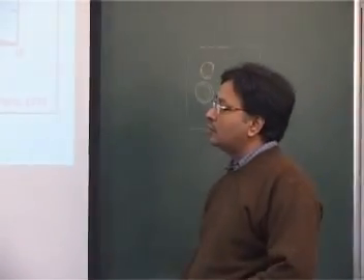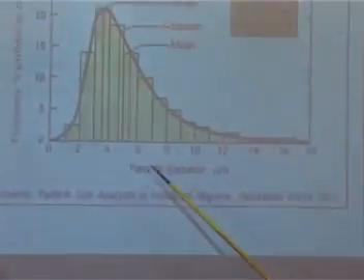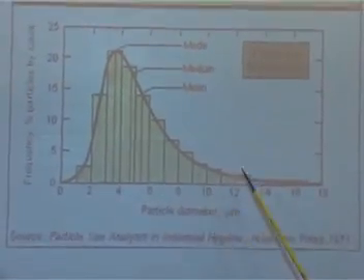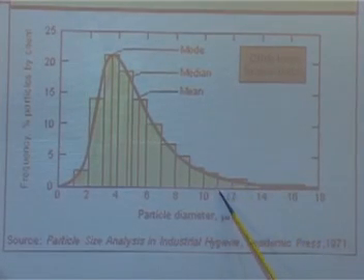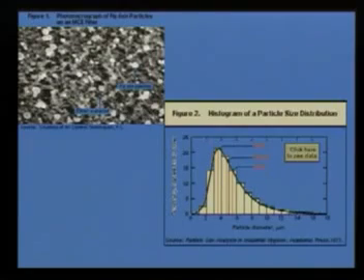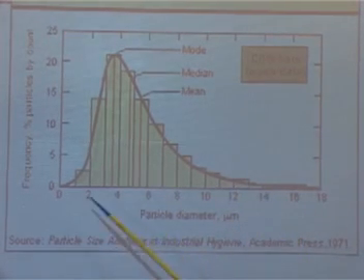But the other way to show the data is this. Sometimes the interest may be in the larger particles, and you want to say how much quantity of larger particles there is, because you have to design an equipment sometimes for a specific particle size. Maybe you want to just remove these particles. So the loading can be different for the larger particles and smaller particles.